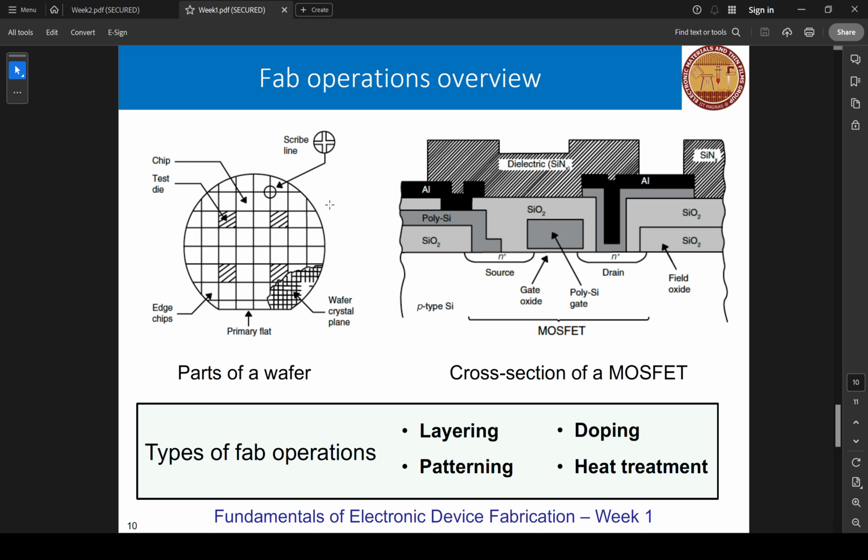Now you can see these are edge pieces which are not complete squares. They won't have the full circuit that the center ones have, so they are useless.